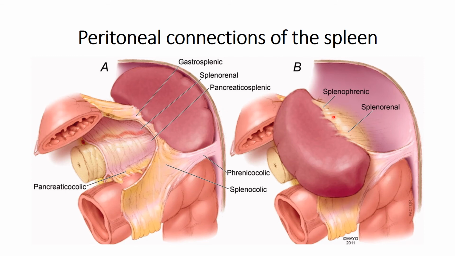Now when this spleen is reflected or tilted medially, we can see the posterior layer of the lienorenal ligament or splenorenal ligament, and we can see how a part of this is connected to the left hemidiaphragm as the splenophrenic ligament.